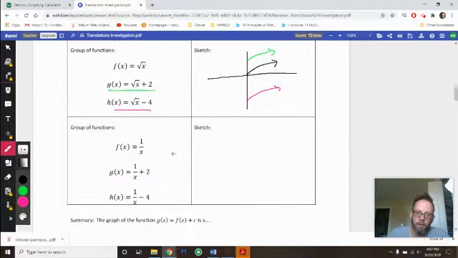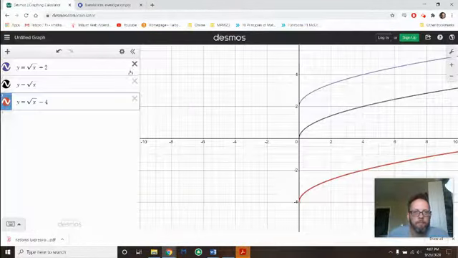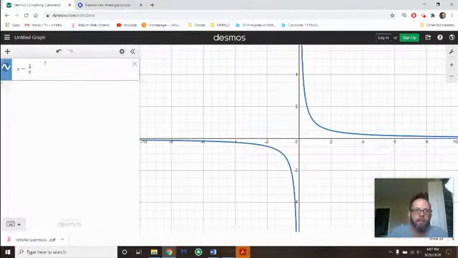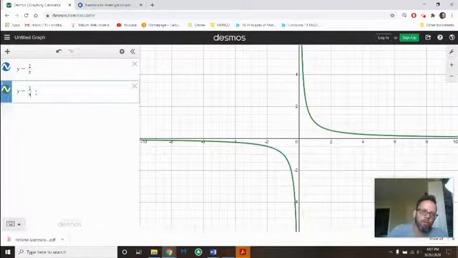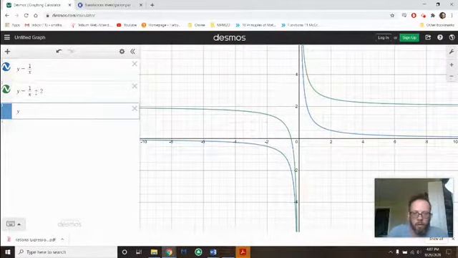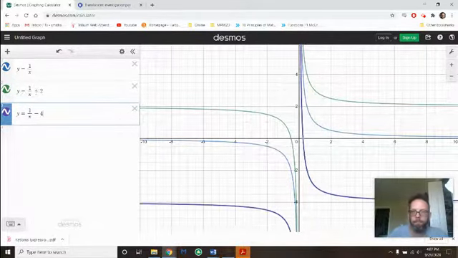And then lastly, we'll look at what happens when we do 1 over x. A rough sketch of the basic one, and let's see what these look like. y equals 1 divided by x. And y equals 1 divided by x plus 2, making sure you're adding 2 to the end, not on the x. y equals 1 over x minus 4.